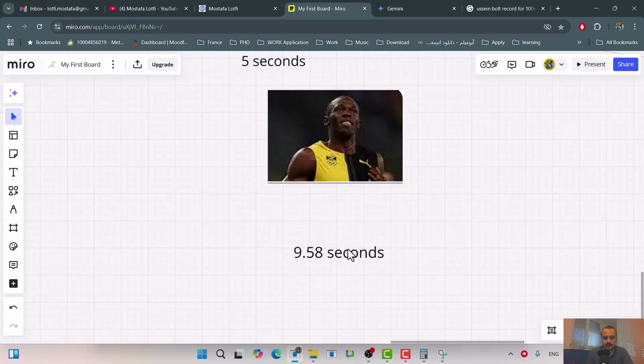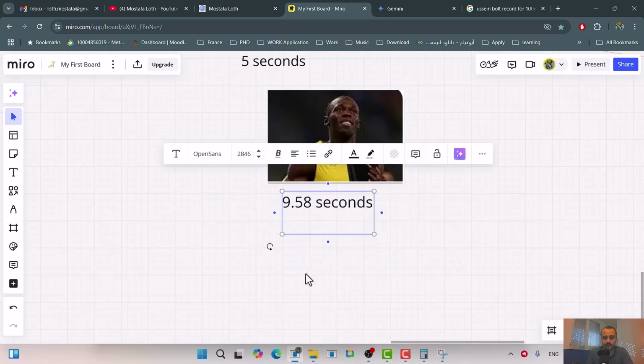And he's doing that in 9 seconds. So the actual is 9.5, but your plan was 5 seconds. It's close to 50% below what you expected, right?